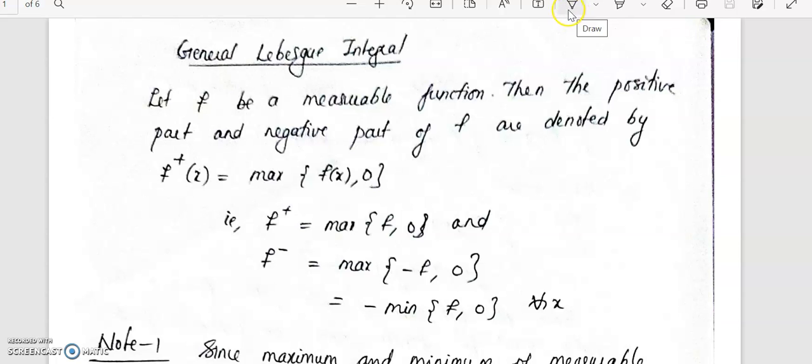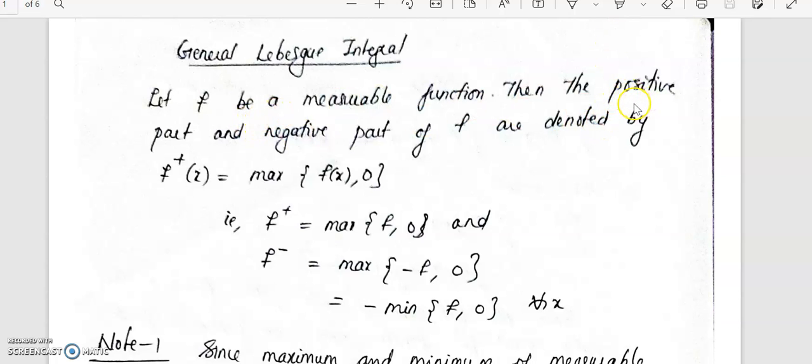So let us now define what is called a general Lebesgue integral. For that, first we'll define what we mean by the positive part and negative part of a function f. So let us consider a measurable function f.